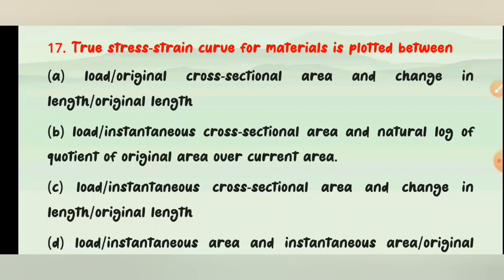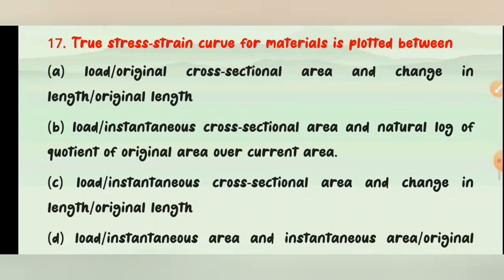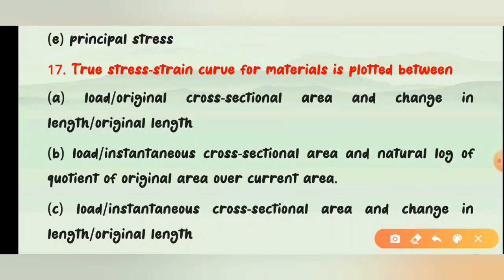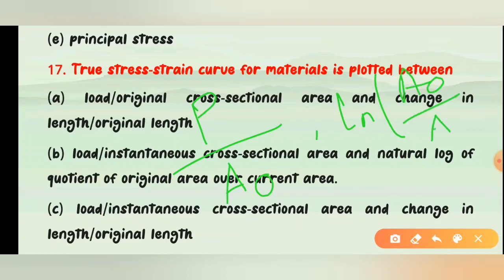So, true stress equals load divided by instantaneous cross sectional area, but true strain equals ln of original area upon instantaneous area. So, option B is the correct answer.